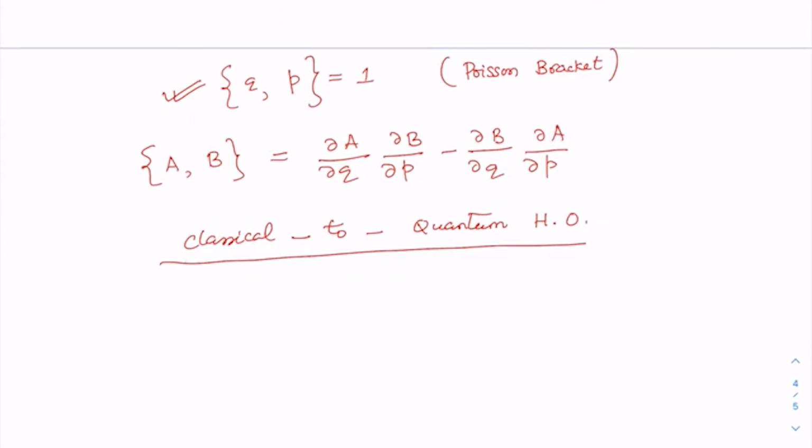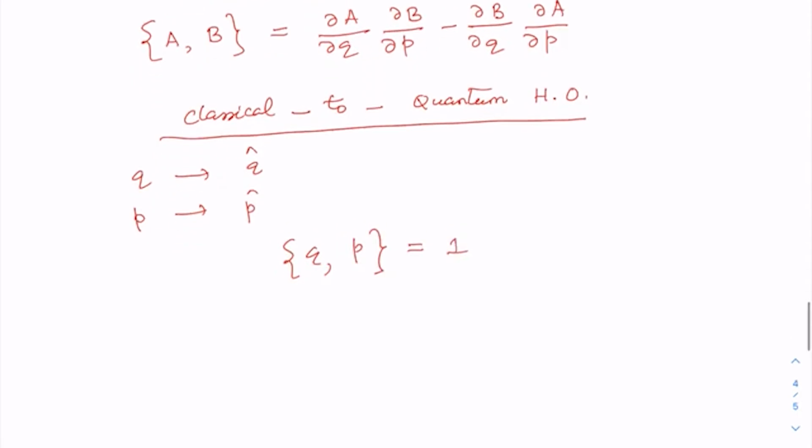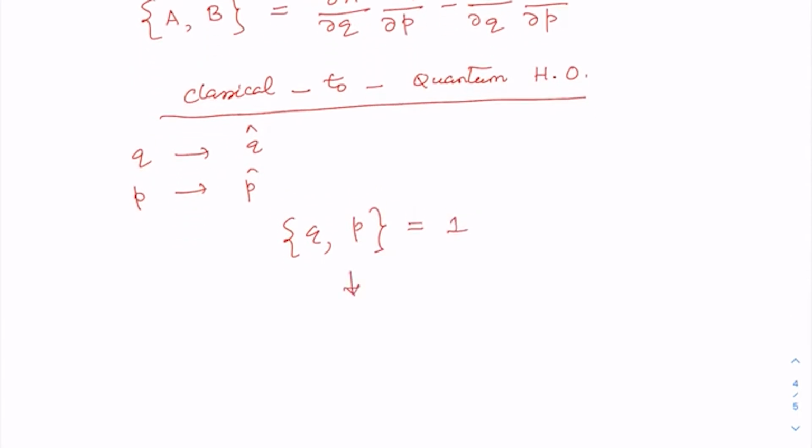The only thing that we have to do is that these canonically conjugate variables q and p are now going to be replaced by their corresponding operators in quantum mechanics, and the Poisson bracket of q and p is going to be replaced by the so-called commutation relation for the corresponding operators between the variables q and p.